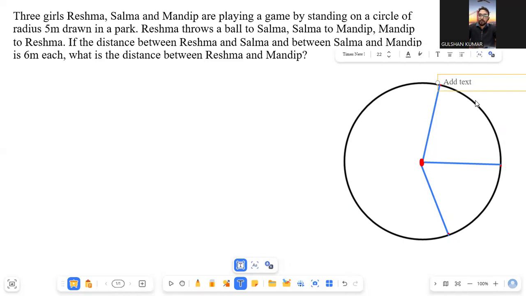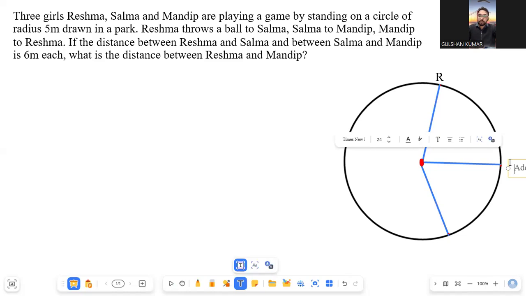We have to mention that this is Reshma here, here we have Salma, and now the Mandeep.